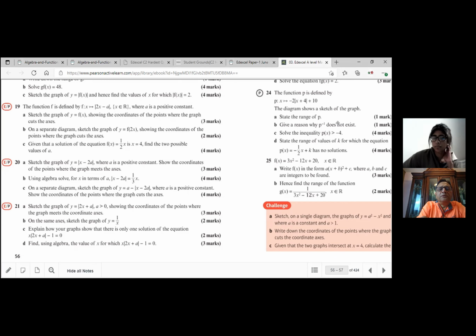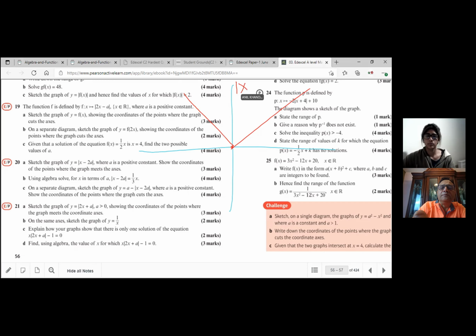So that is simple. Let me just sketch one. So if my absolute function is like this, let us say this is the absolute value of x, correct? Now, if I want to sketch the absolute value of x minus 2a, it means it is moving 2a units.